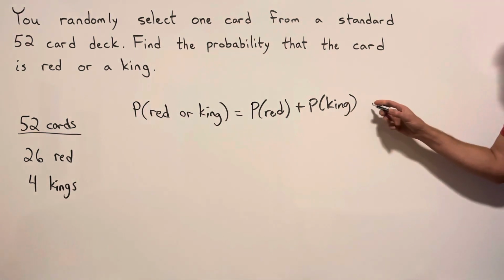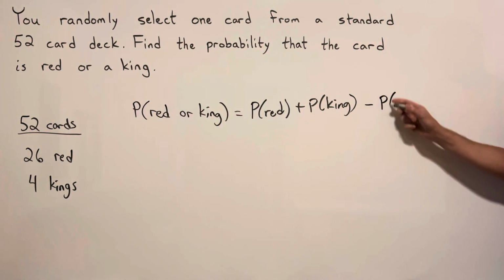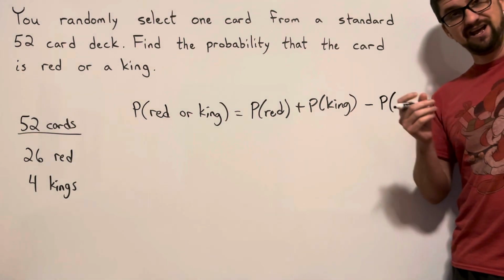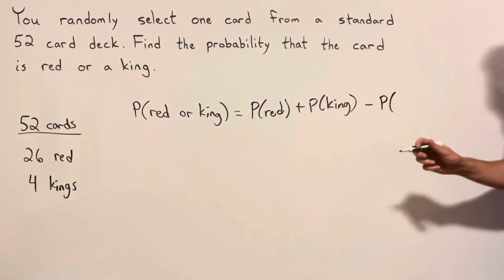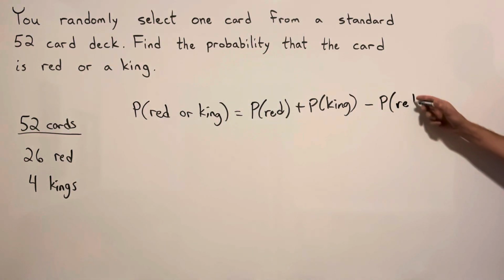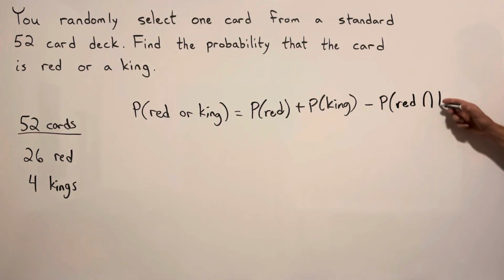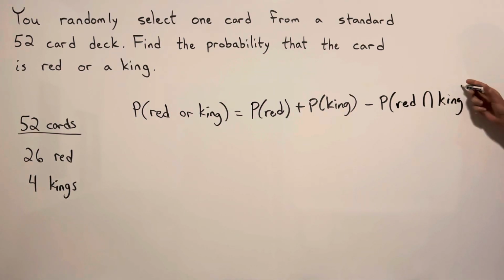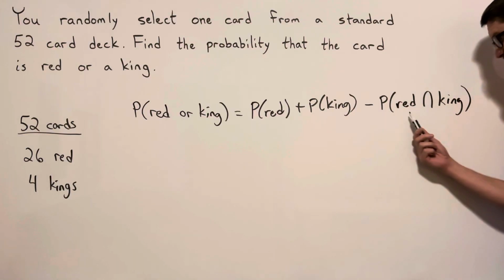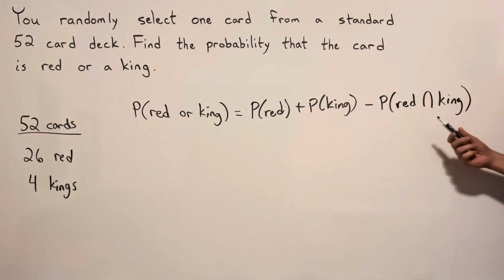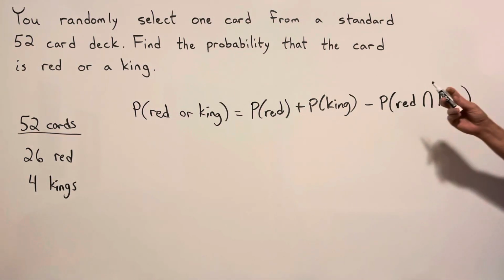So we need to subtract out the probability of getting a card that is both red and a king at the same time. And we represent that with the intersection symbol. Red and king at the same time. That's the intersection, because we counted them twice over here.